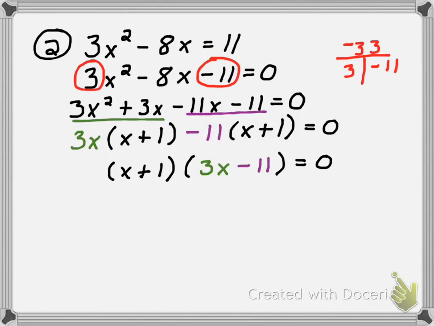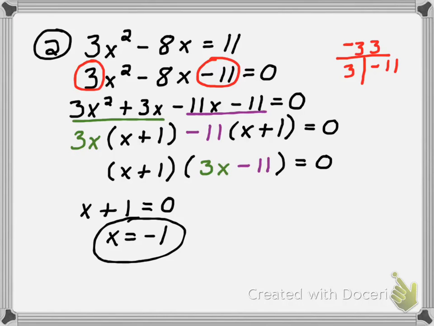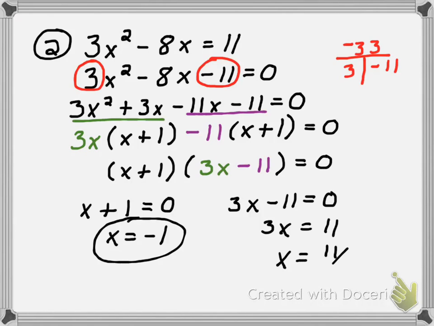Now the equation is factored, and we simply have to take each factor, set it equal to 0, and then solve the equations. And there we have our 2 solutions, x equals negative 1 and x equals 11 over 3.